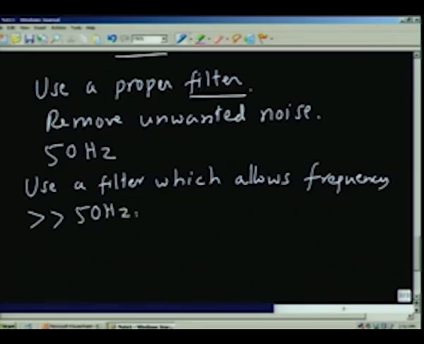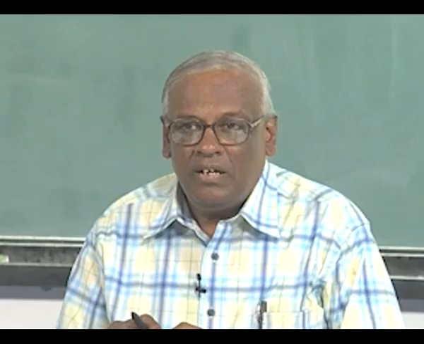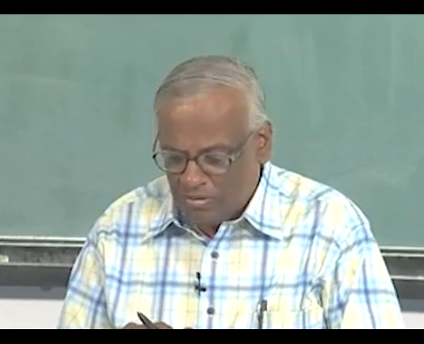That means that the signal, it is also a part of signal conditioning, as you can see. We are trying to remove the unwanted oscillations which are taking place at 50 hertz by doing this. So, this can be done by using what is called a filter which allows only high frequency signal to pass through and the low frequency is removed.